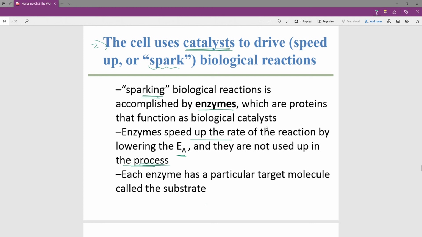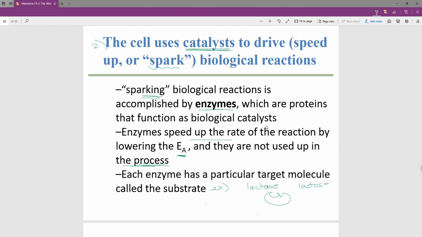So if we were to talk more about enzymes, each enzyme has a very particular target molecule. We call that the substrate. And as my example here, most of us understand that lactase is an enzyme in our digestive system. So I'm going to draw a ridiculous picture of lactose. It does not look like this. And it's going to fit lactase. Lactase is the enzyme.